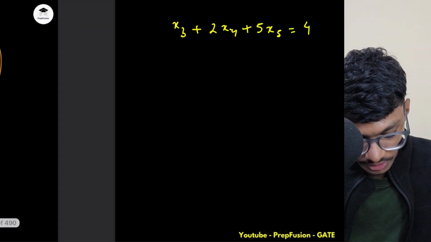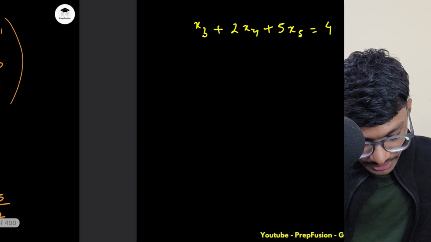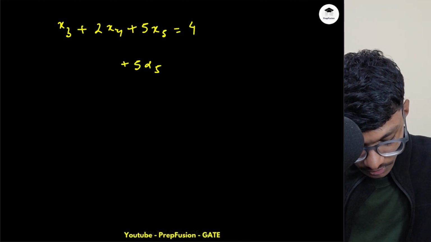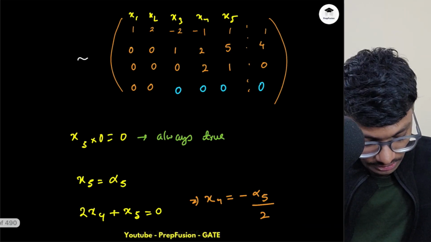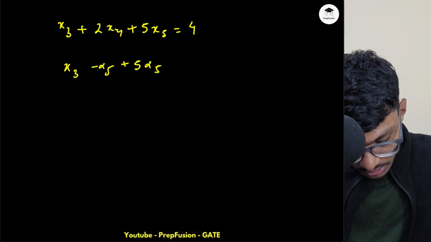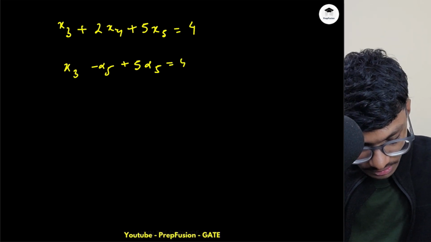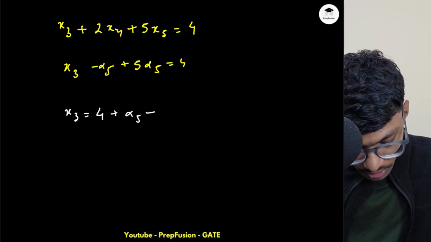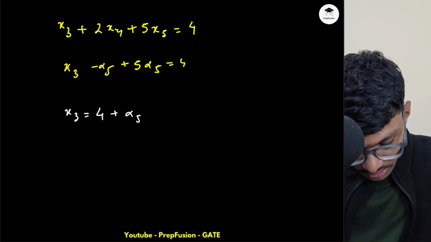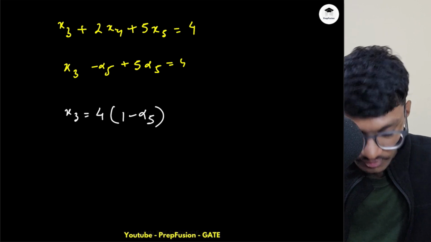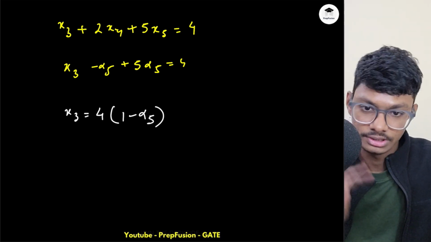Basically x5 and x4 I know, so I can put in the values. x5 is alpha 5, so it is 5 alpha 5, and 2x4 is minus alpha 5. So minus alpha 5, and x3 is here, which equals 4. So my x3 will be simply 4 minus 4 alpha 5. I can take the 4 common, so 4 times 1 minus alpha 5. So my x3 is 4 times (1 minus alpha 5).